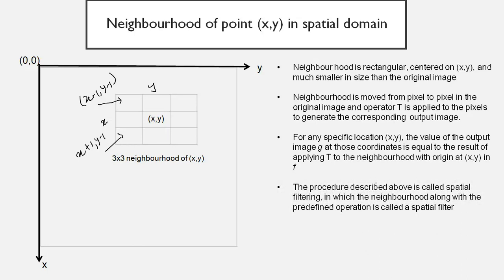The procedure described here is called spatial filtering. This is our mask for the filter, and this 3 cross 3 mask in this example is convolved over this image to get a particular filtering operation. What the filtering operation will be depends upon the operator T. That particular type of operation is called spatial filtering.